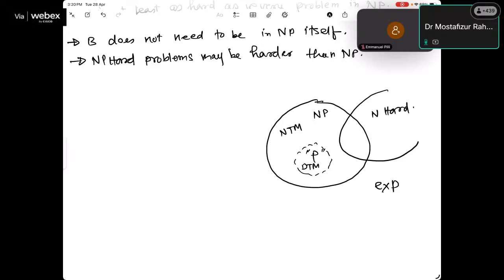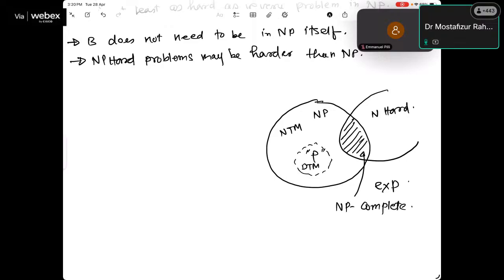Part of it may belong to NP, but in general they may not belong to NP, because partly they can also be part of EXP. So NP hard is not necessarily NP; only in the intersection part can they be NP. I can find that particular intersection, and it is known as NP complete.